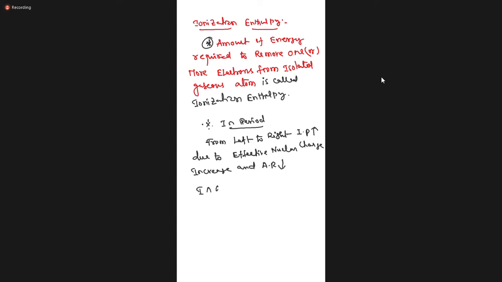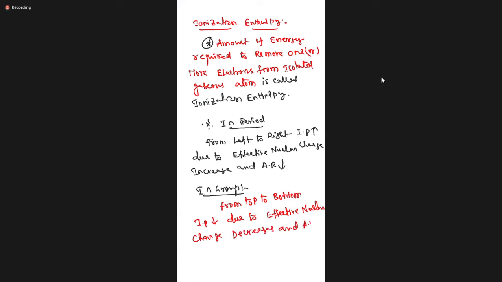In a group, from top to bottom, what will happen? The IP value decreases due to effective nuclear charge decreasing and atomic radii increasing. That is the reason in a group.